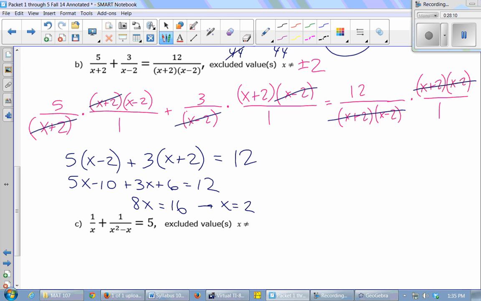They don't intersect. Prime means you can't factor it. Parallel. Yeah. There are no solutions. There is no x value that will make this equation true. This is an excluded x value, which means there are no solutions.